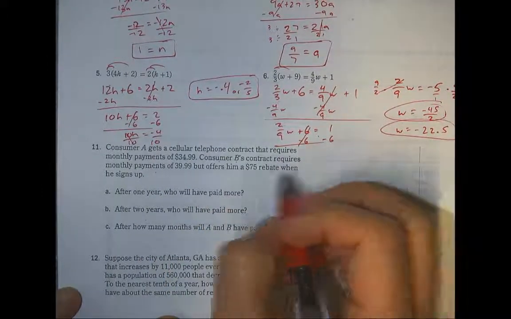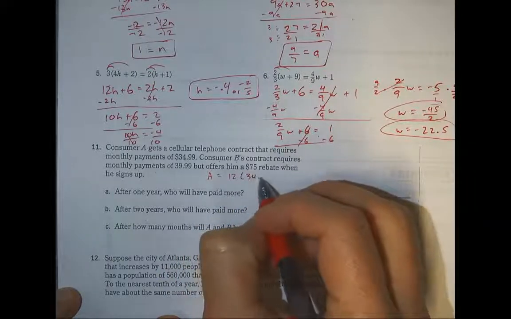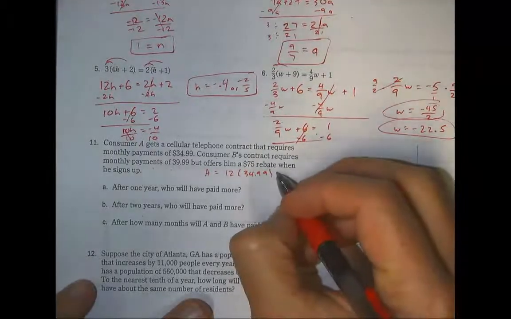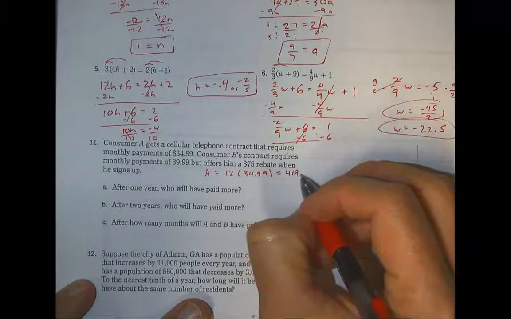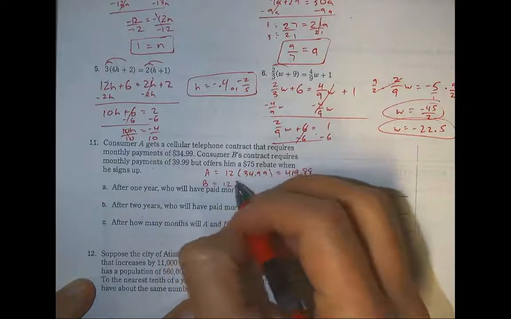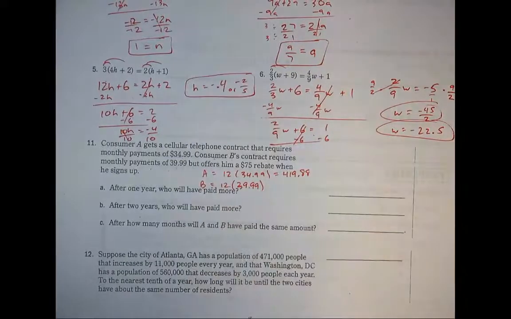So you're paying, so let's see, A. A is doing 12 times $34.99. So consumer A has paid $419.88. Consumer B is doing 12 times $39.99.